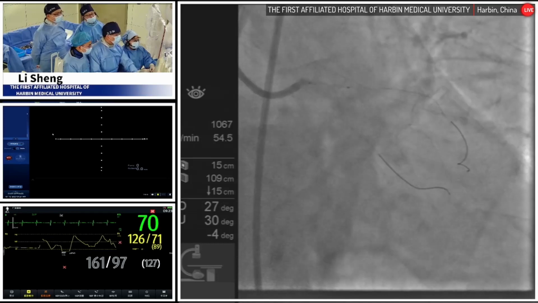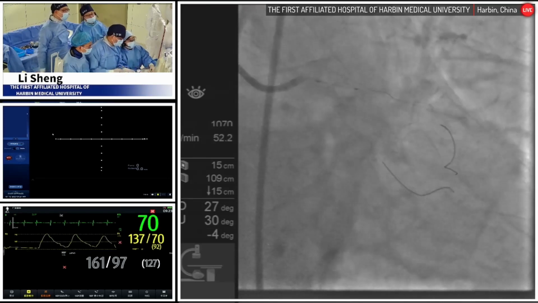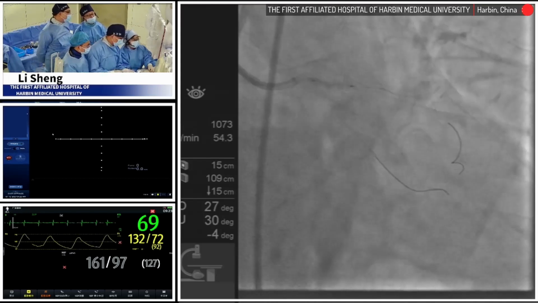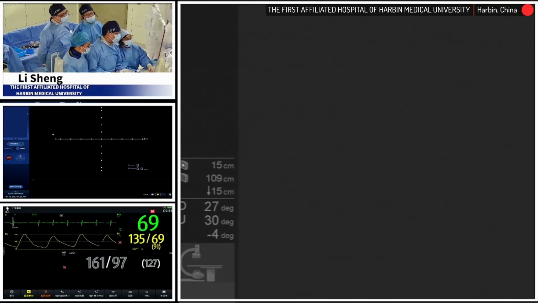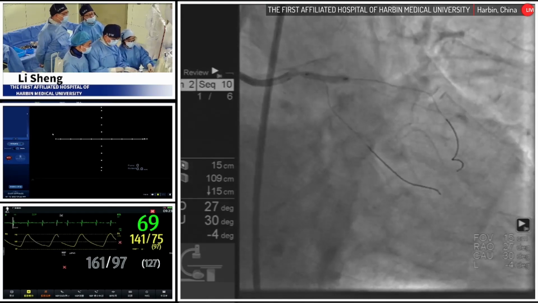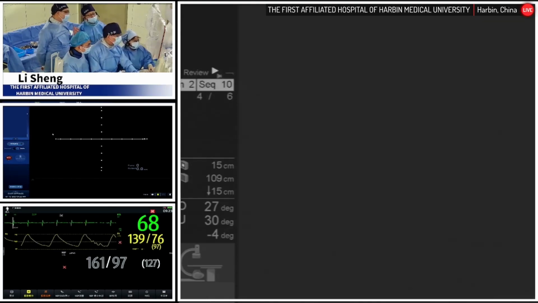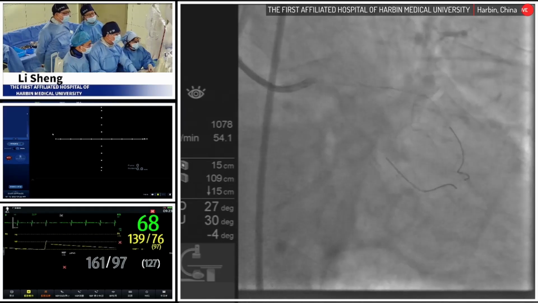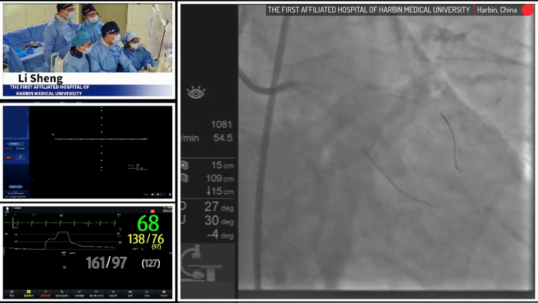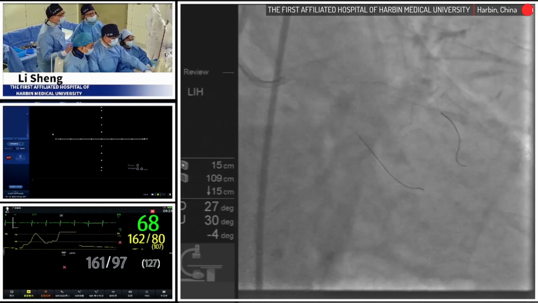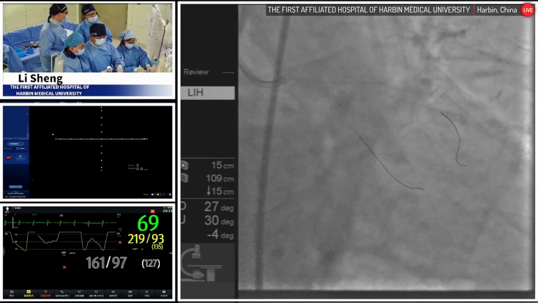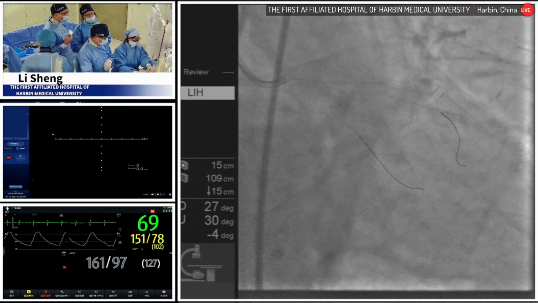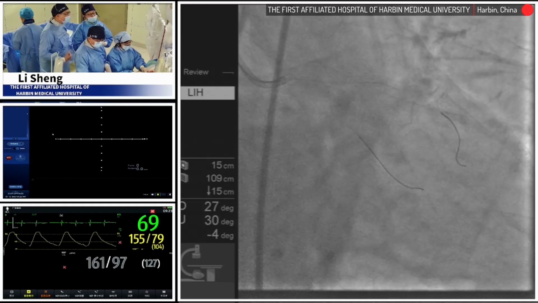Sometimes, just like this case, we cannot deliver the cutting balloon to the target lesion, but we have many other choices to predilate the lesion and then send the cutting balloon to the target lesion. We all know there are three knives on the cutting balloon, so it can predilate the lesion more effectively in my mind.